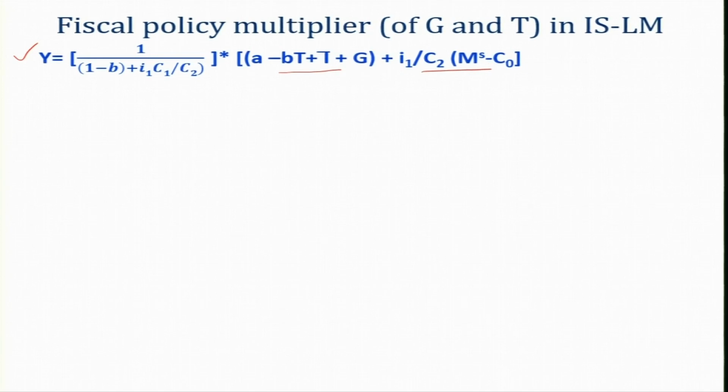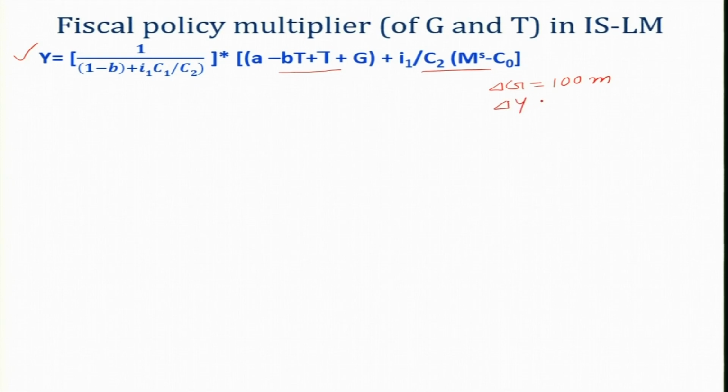So here, what if the government expenditure is increased by, for example, 100 million? Then we see that output also increases, but how much?